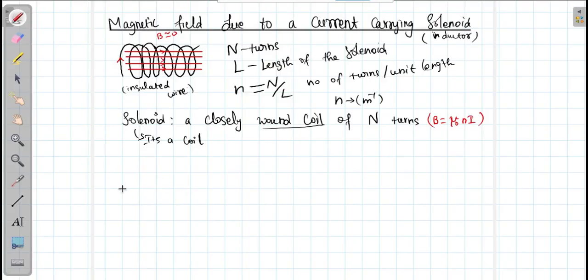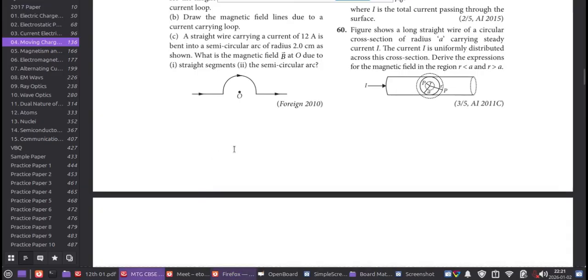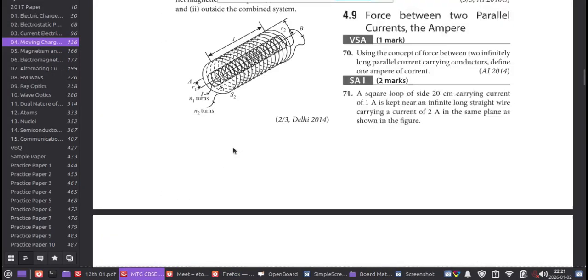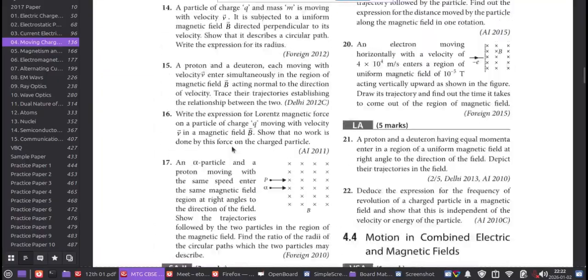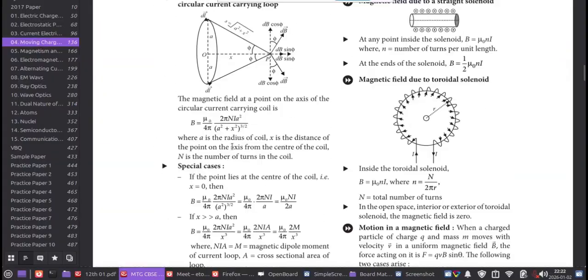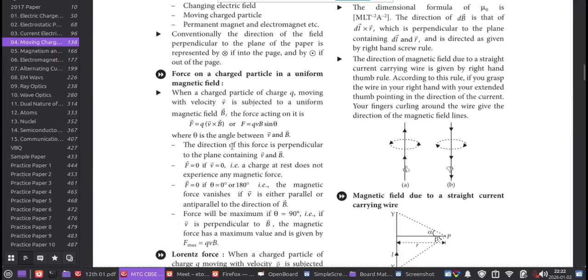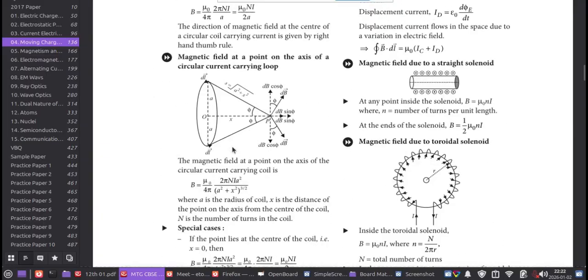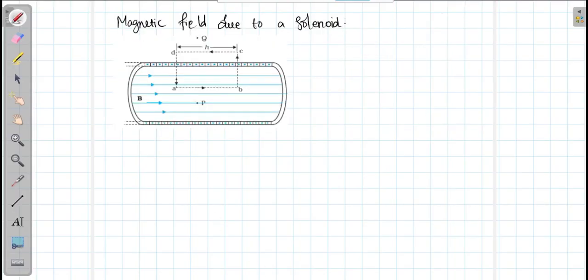If it is closely wound, we will get a solenoid as a cylinder, in cylindrical shape, and we make a cut to get the cross-sectional view.